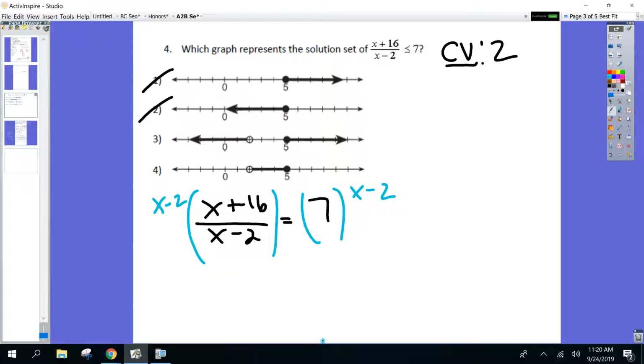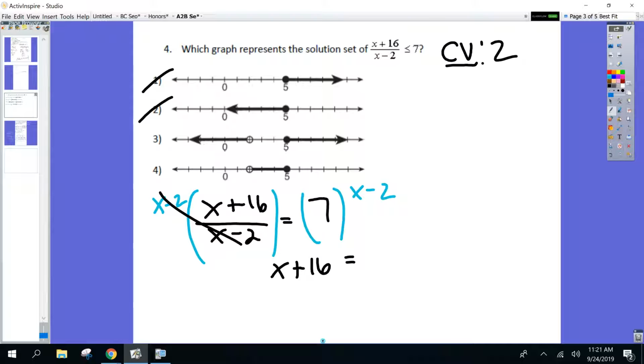First fraction, what cancels out? Okay, so what are you left with? And on the right side, nothing cancels out.